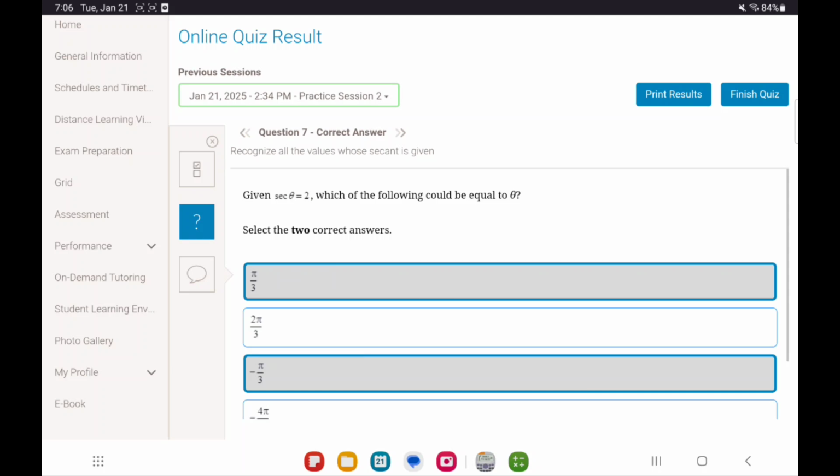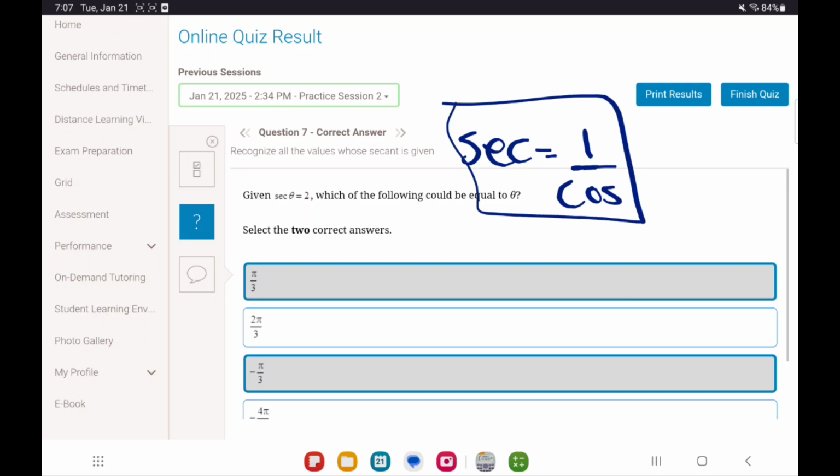Okay, this is also the same thing. But we know that secant equals 1 over cosine. But on your calculator, you can't shift cosine when it's in the denominator. So let's change this formula around for a bit.